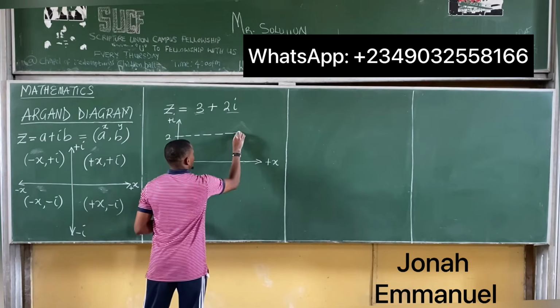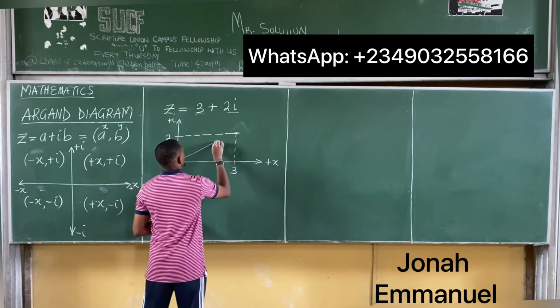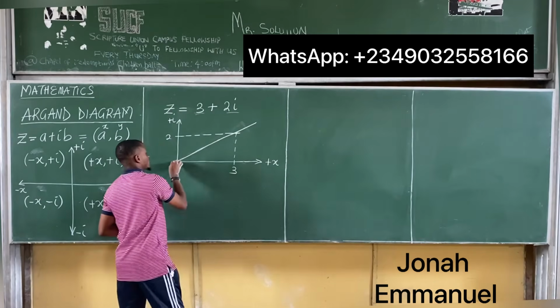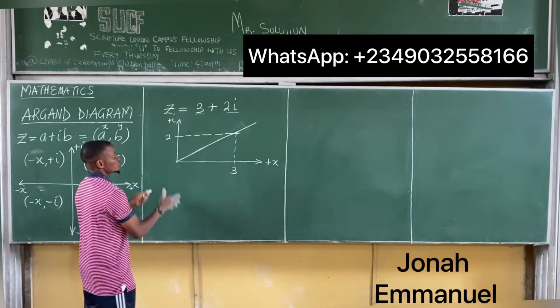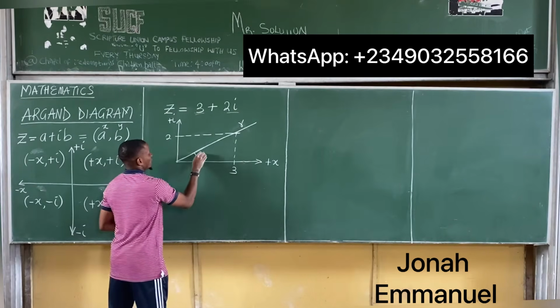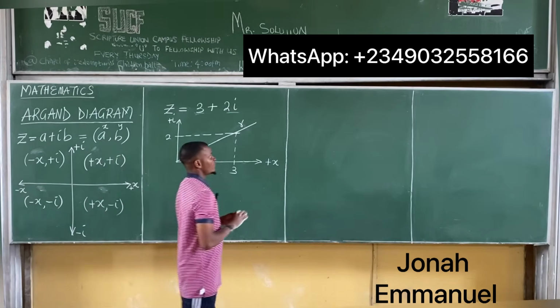So perhaps they meet at this point. From this point, I'll draw a straight line. So this is simply the Argand diagram. There are more things to add to this, like the modulus will be here and the amplitude will be here. But this is the concept of drawing an Argand diagram. We'll take one more example.